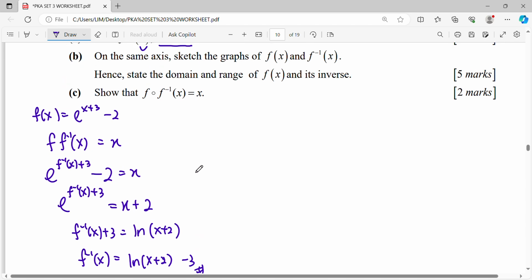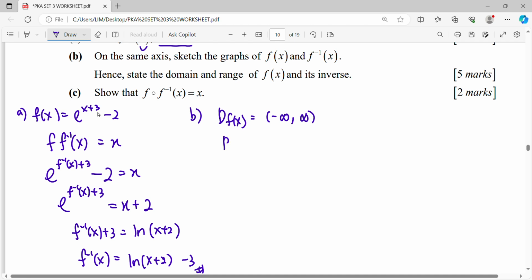Then for question B, on the same axis, we need to draw this function and its inverse and state their domain and range. So start with the domain of the function, where we need to draw the exponential graph. The domain of the exponential function is not a special case, it will be negative infinity to infinity.